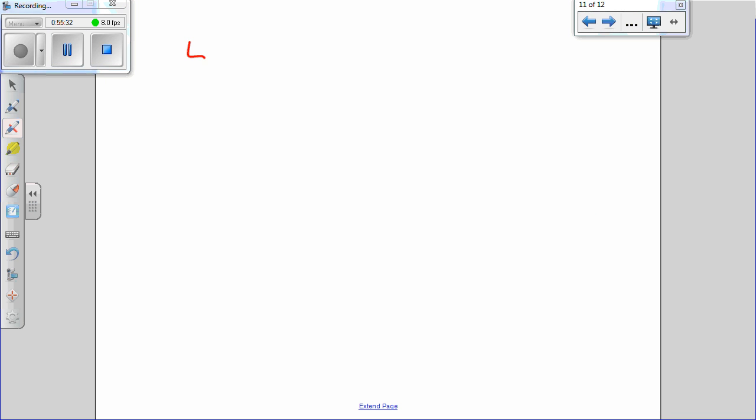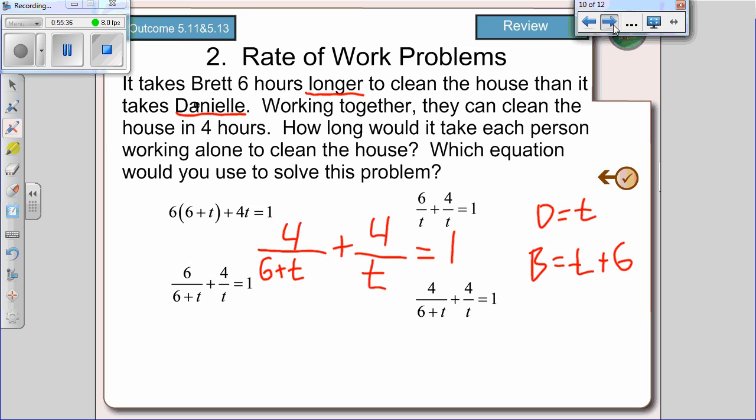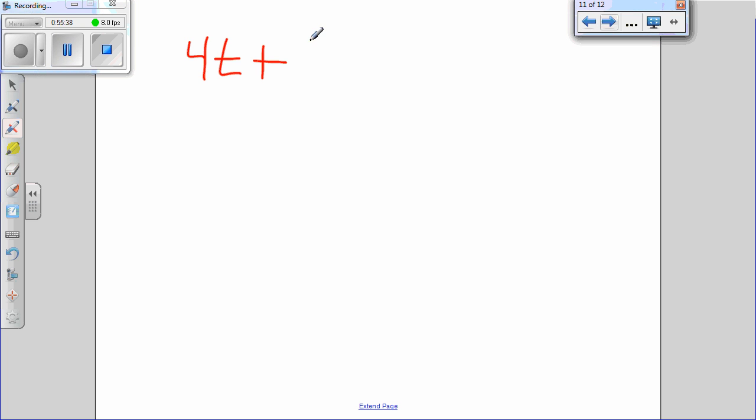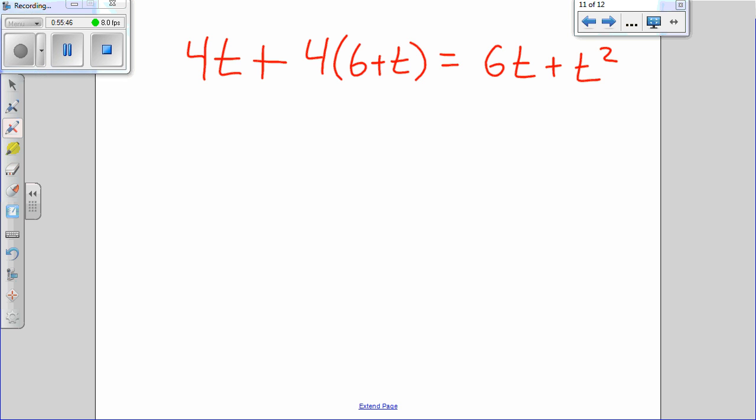Multiply that 4 in. You're going to have 8t plus 4 equals 6t plus t squared. Move everything to one side. t squared minus 2t minus 2.